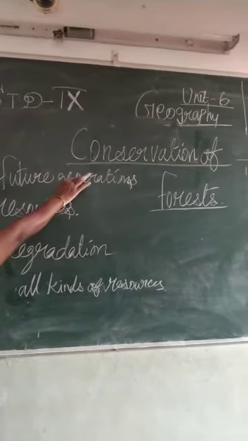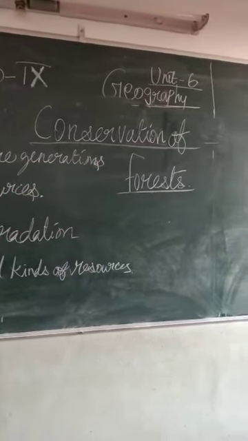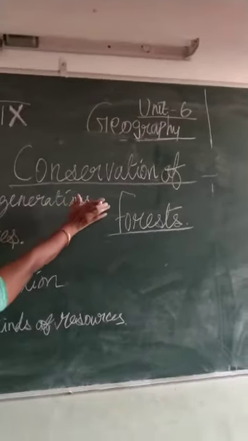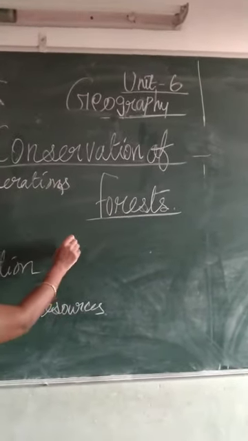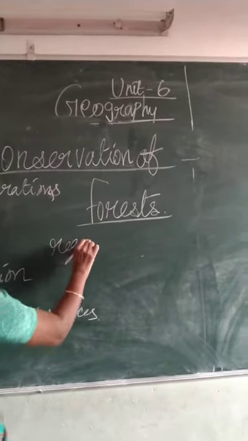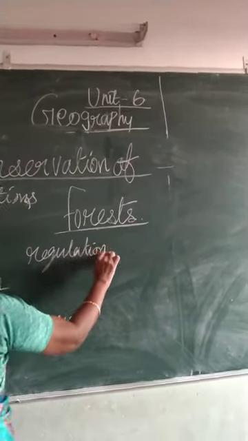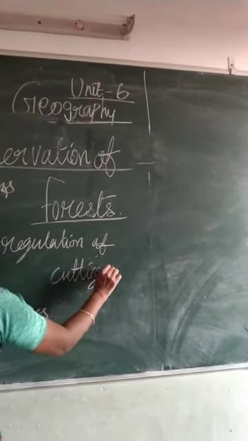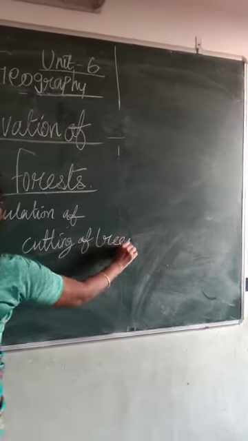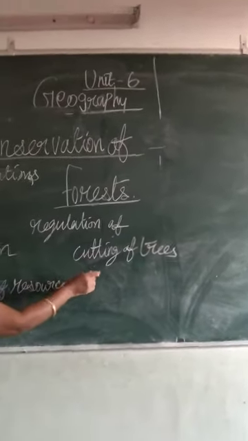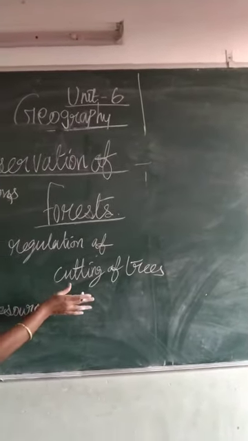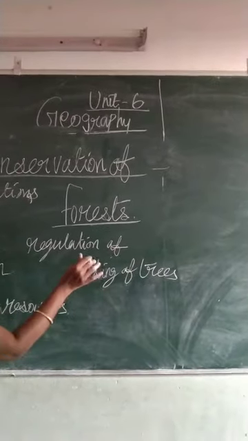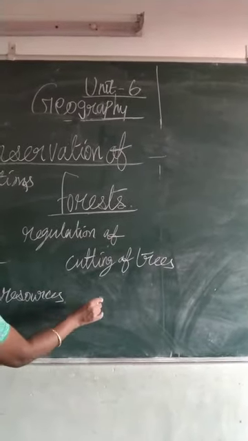Next, we are going to learn conservation of forest. Students, conservation of forest can be done through the regulation of cutting of trees. Control over forest fire: through regular monitoring and controlling the movement of the people, forest fire can be prevented. Next, proper use of forest products.